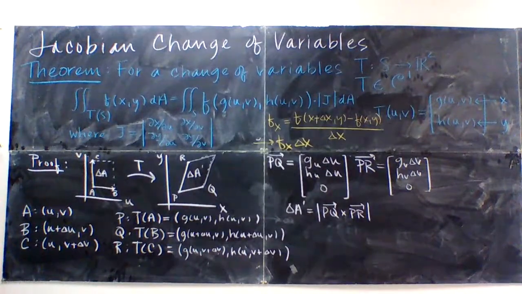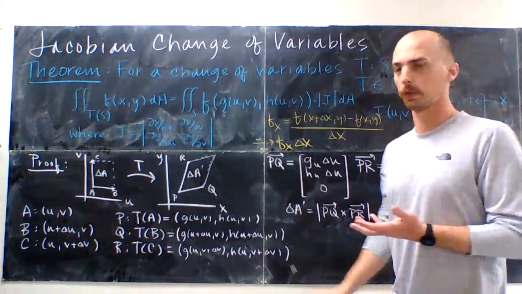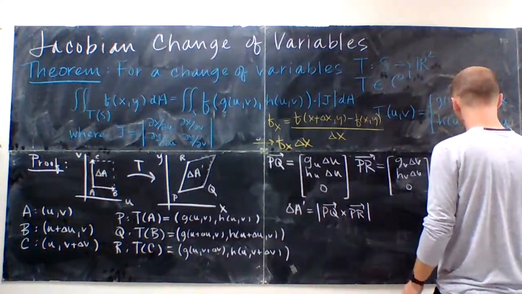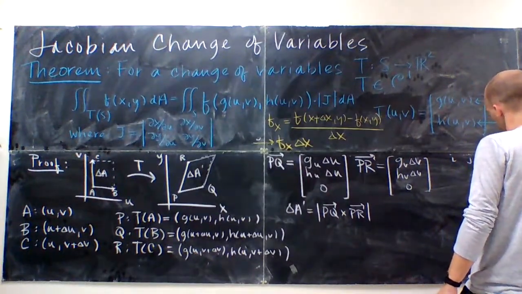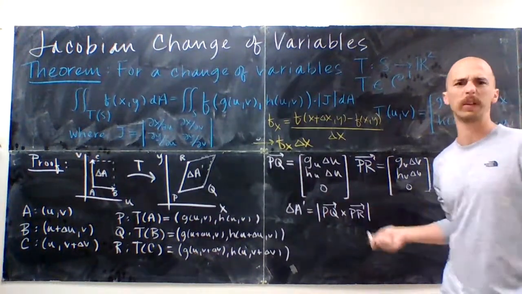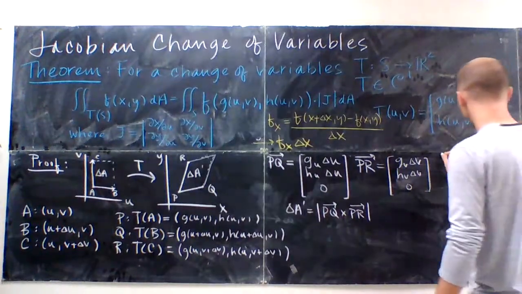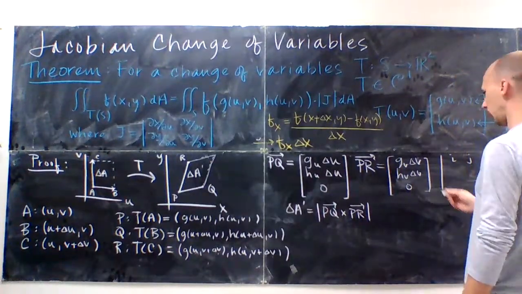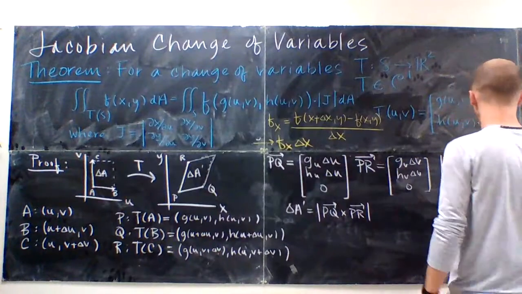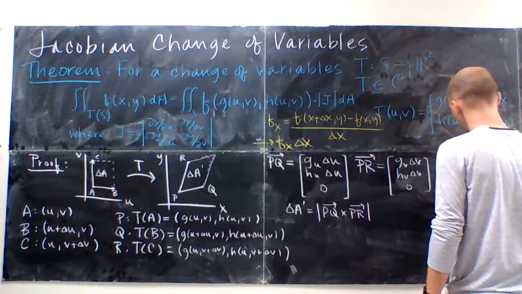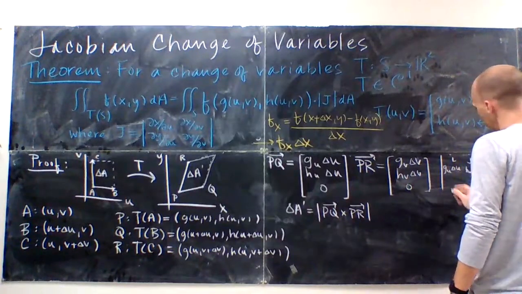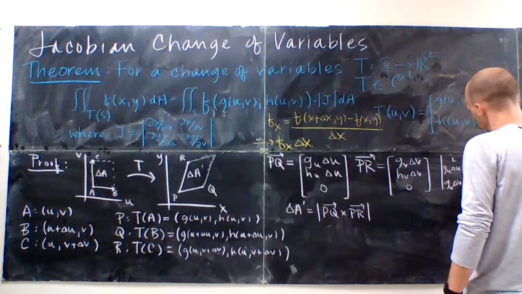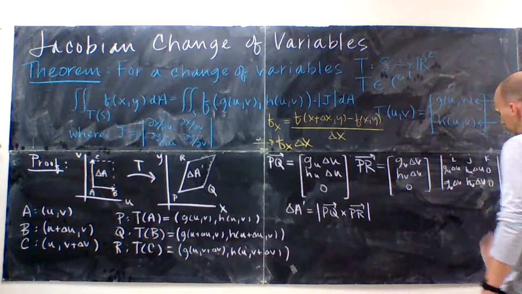Now, this will actually be easier than you think to compute this cross product. I'm going to set up for it right here. But the fact that both z terms of these are 0 is going to make this really, really nice. IJK, okay, GU delta U, HU delta U. And GV delta V and HV delta V. Okay.